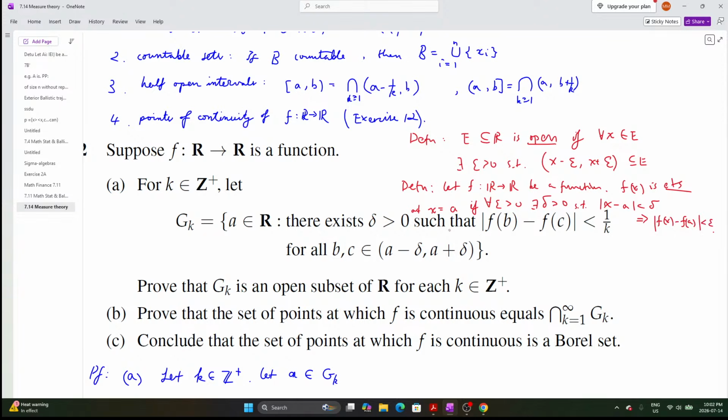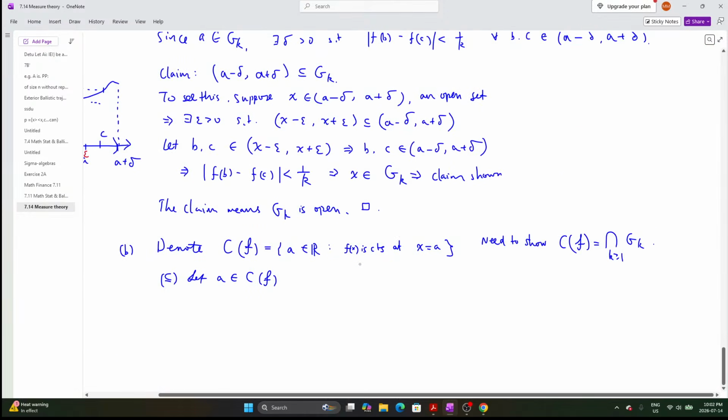Classic epsilon delta definition of continuity. All right, so let's continue.